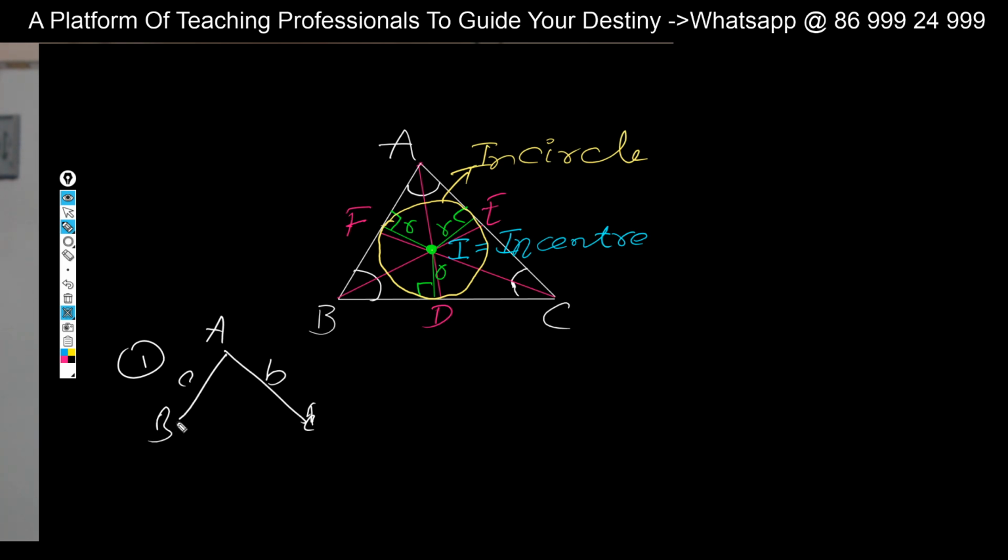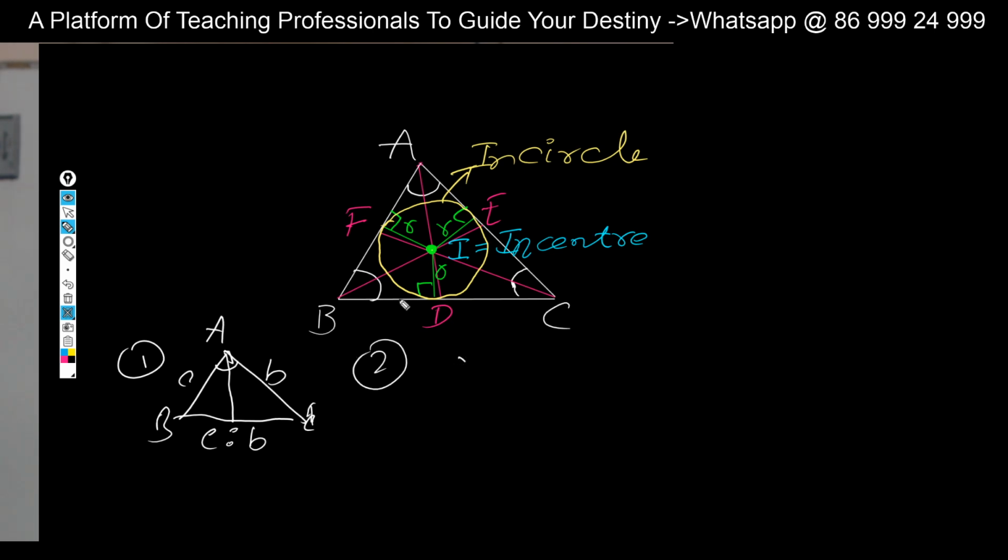Then if you take the side BC, the internal angular bisector divides its opposite side in the ratio of the two sides, that is c is to b. Very important property, please. You have a good number of previous questions on this one. So the internal angular bisector divides its opposite side in the ratio of the other two sides, which is important. Number two, the incenter divides the internal angular bisector AD.